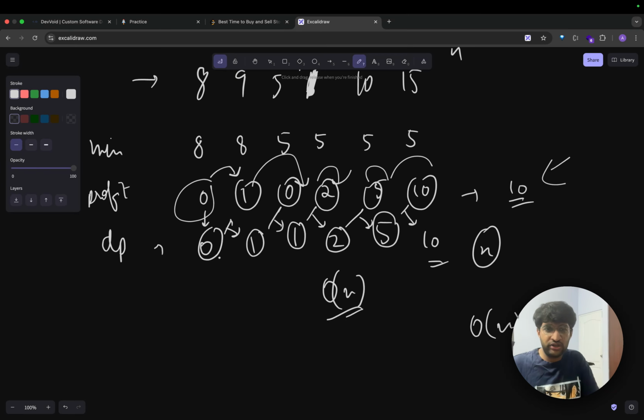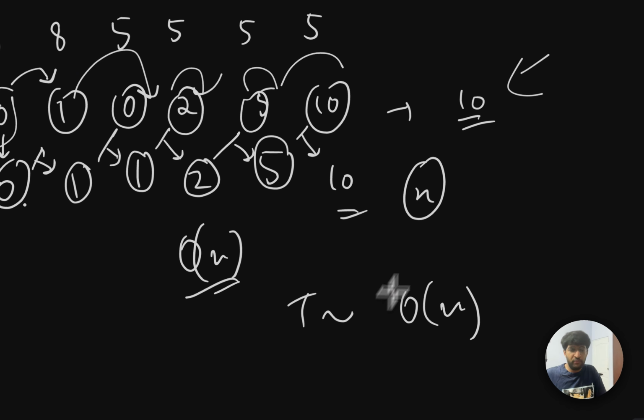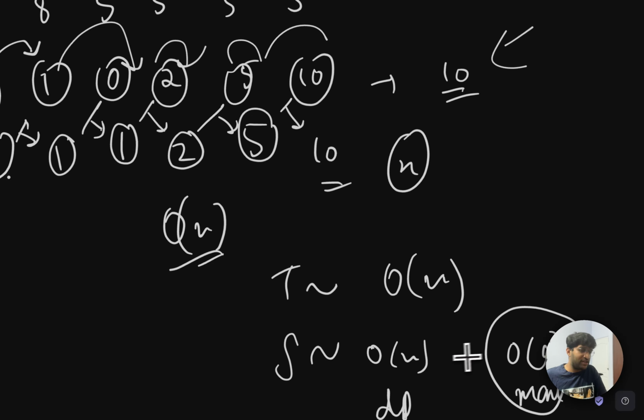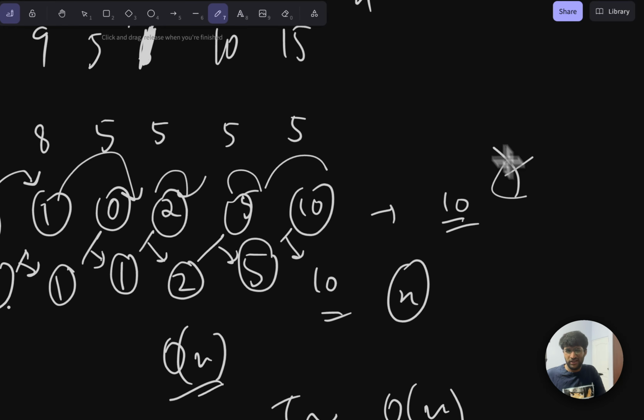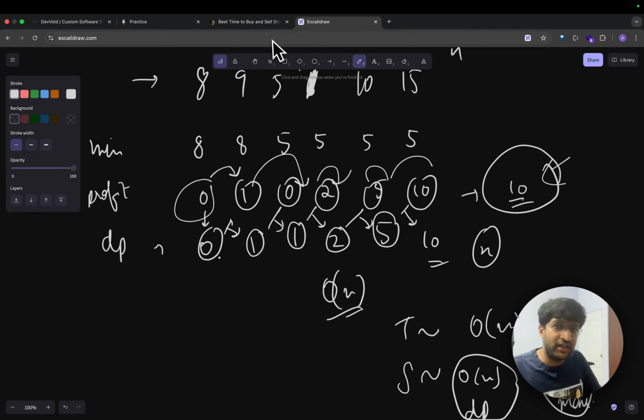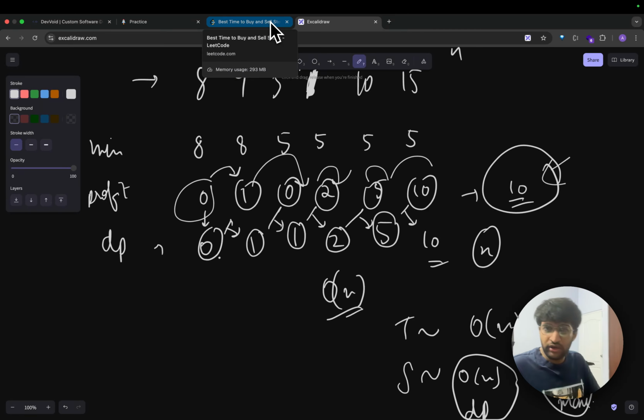So our time is O of n for both solutions, but our space is O of n for DP and O of 1 for the max solution. So it's actually better to go with the max solution than DP. But we still would like to know it, so I would definitely go with DP as a good challenge to learn things.